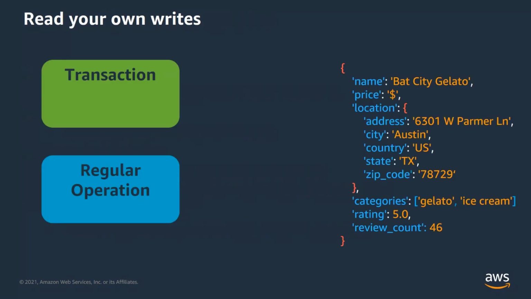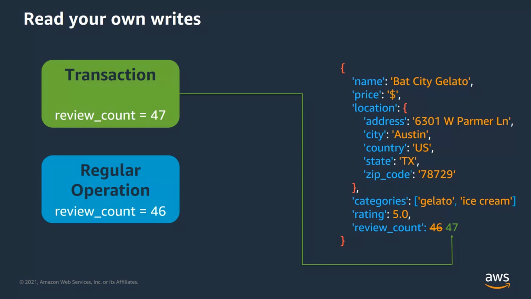Let's imagine we've got our business profile here on the right, and my transaction is simply going to be, I want to update the review count from 46 to 47. If I then want to read within my transaction, I'll see that the value is 47. If I have a regular read go at the same time and try to read the review count from this record, before my transaction has been committed, it will see the old value, 46.